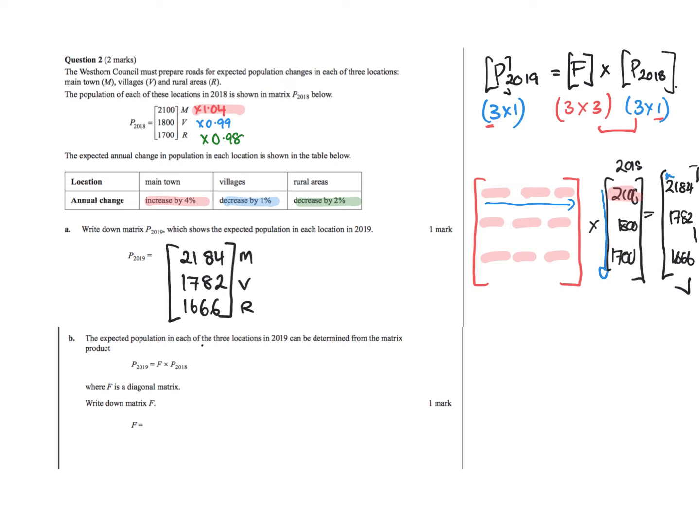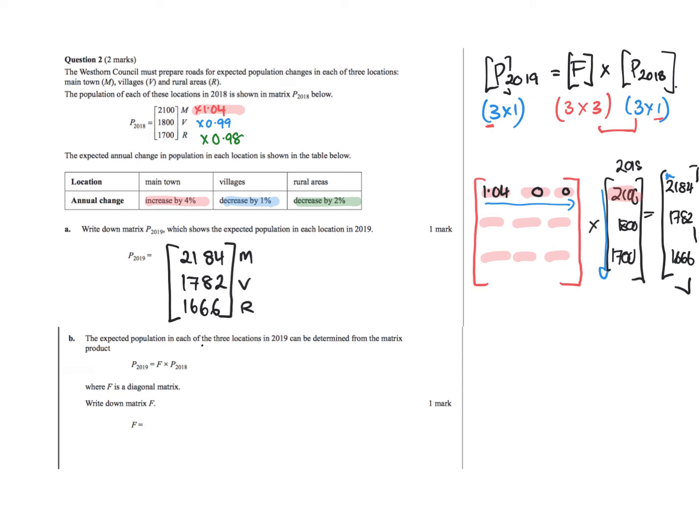So we want that 2100 to be multiplied by 1.04. So that first number there will do that, won't it? You'd go 1.04 times 2100. Then you're going to multiply the next 2 numbers with whatever's written there, but I don't want them to show up, so I'll put a 0.